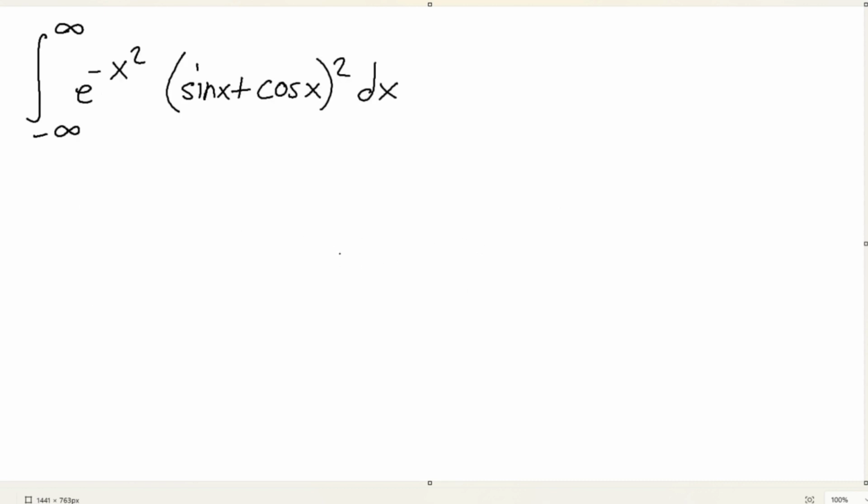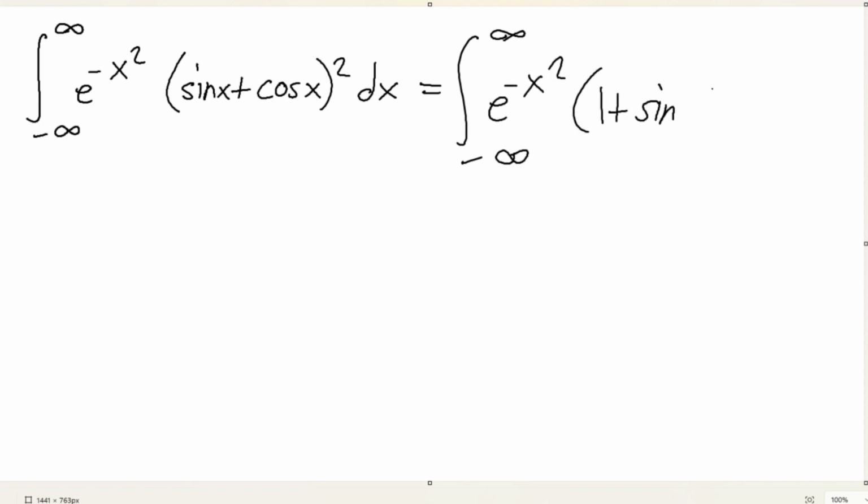E to the power of negative x squared with sine x plus cosine x squared. This looks intimidating, but it's actually pretty simple as long as you know the Gaussian formula. This whole thing is just 1 plus sine 2x, we know that.